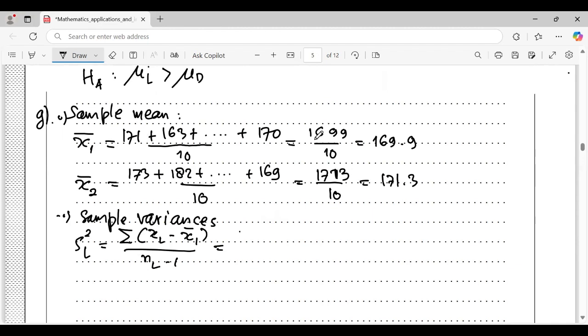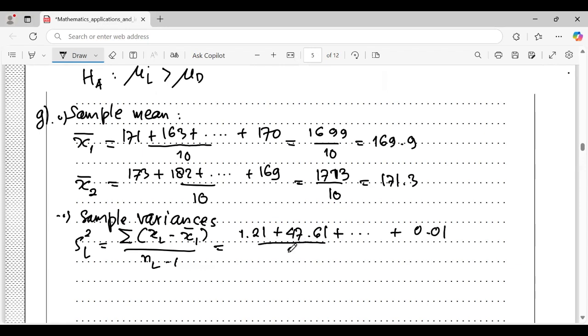So the result: 171 minus 169.9 squared is 1.21, plus 163 minus 169.9 squared, the result is 47.61, plus so on, until the last is 170 minus 169.9 squared, which is 0.01.